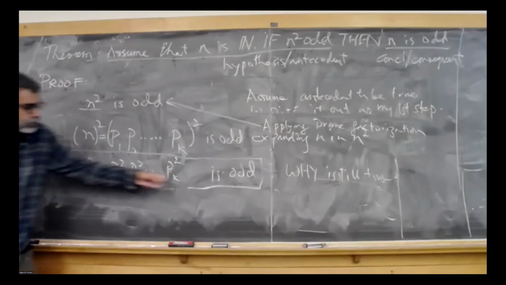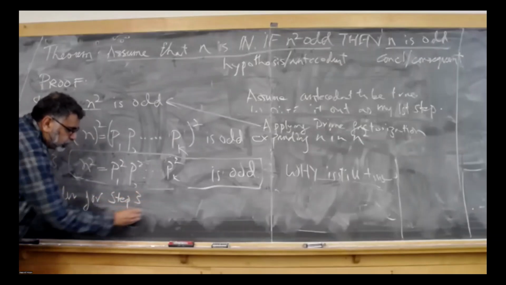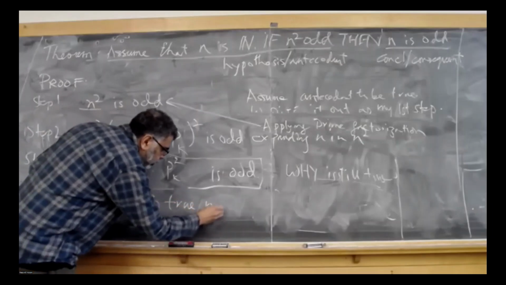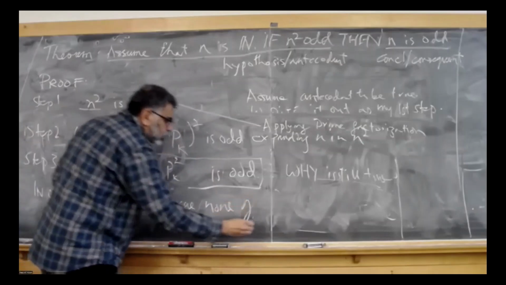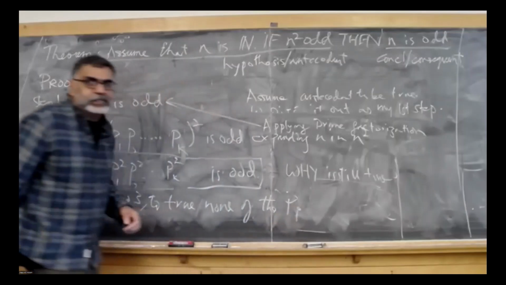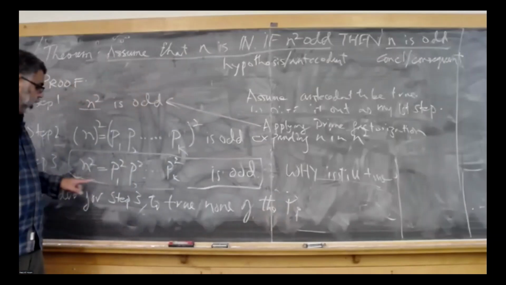In order for this line to be true, let's say step 1, step 2, and step 3, in order for step 3 to be true, none of the P's. So now we're using this i here to represent any of these numbers.